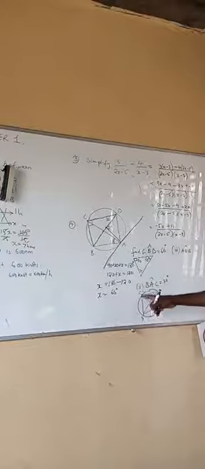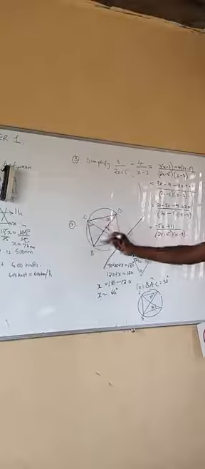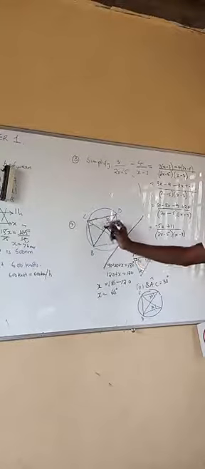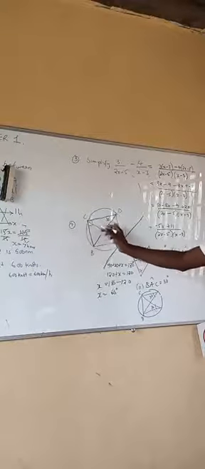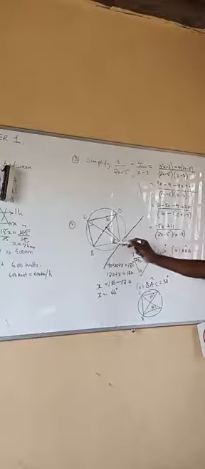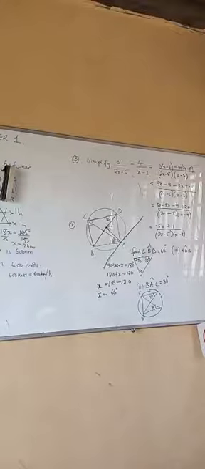Why? Because angles produced by the same chord on the circumference are always the same. Therefore, this angle and this angle are always the same.